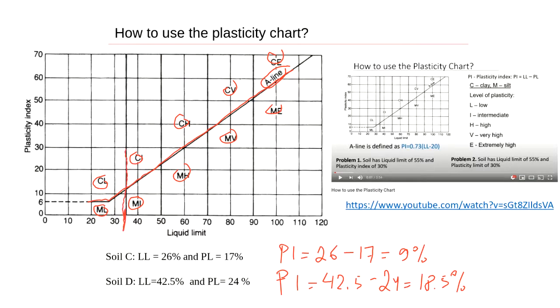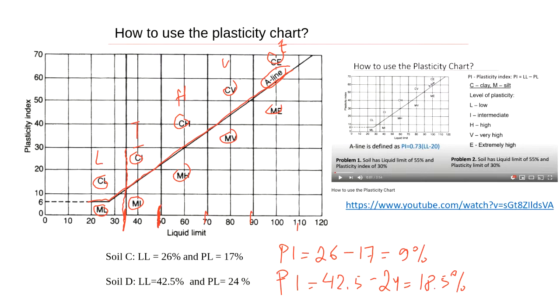So we have low plasticity, then at 50 we have intermediate plasticity, more than 50 we have high plasticity, then here we have very high, and here we have extremely high. The same also works for silt. So we can tell if it's clay or silt, and we can also provide more information on whether it's low plasticity, intermediate, high, or very high.